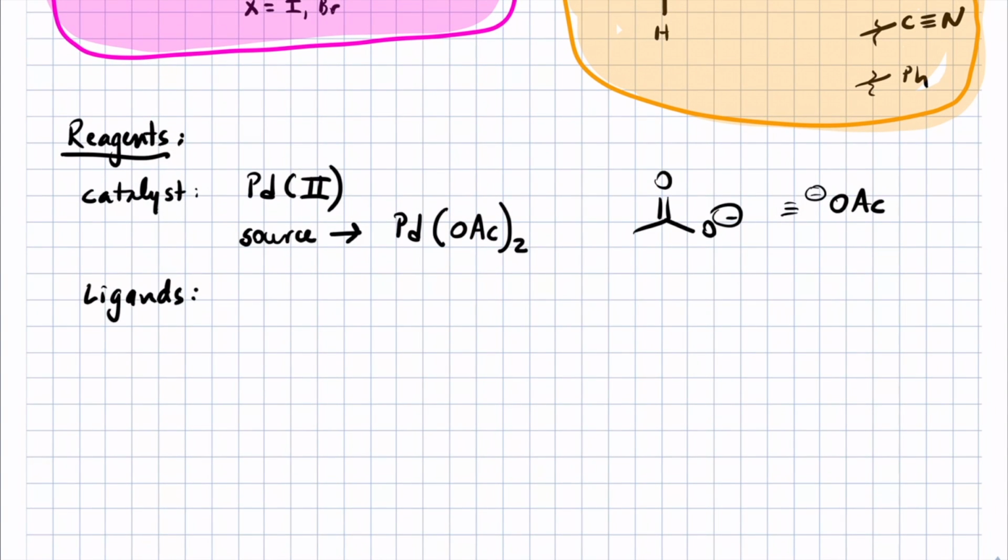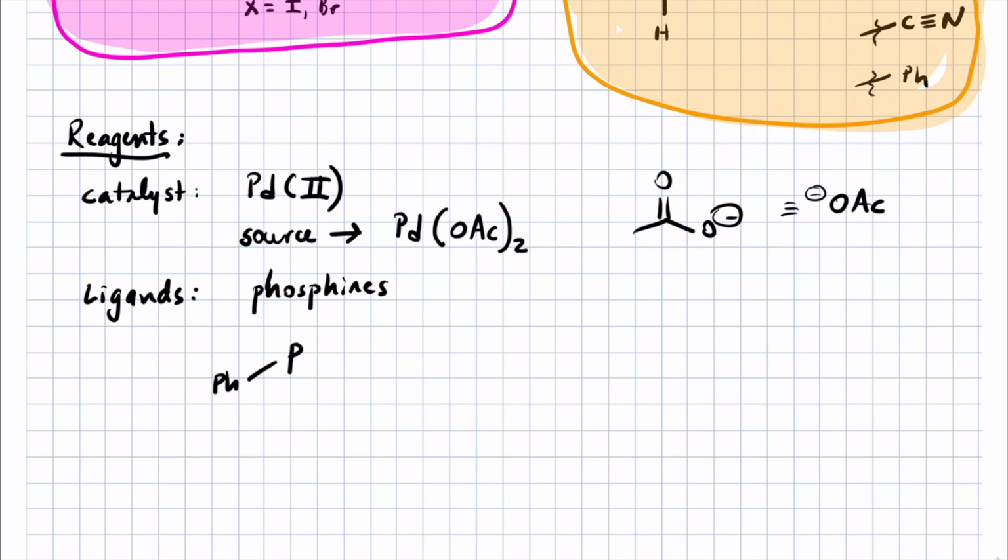A common functional group for ligands is a class of molecules called phosphines. Note that phosphorus is one row on the periodic table down from nitrogen, and alkyl nitrogen-containing compounds are called amines. Phosphorus-containing alkyl compounds are called phosphines.